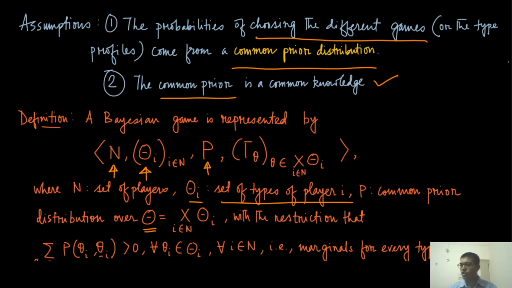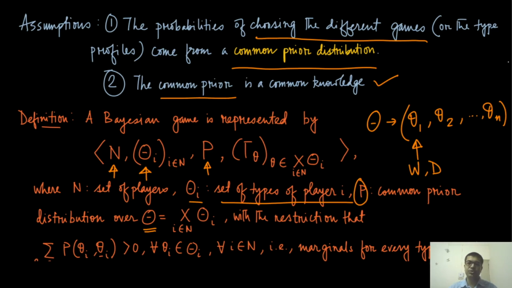An element of this capital theta will be something like theta 1 for player 1, theta 2 for player 2, and so on. In the previous example, you can think that this theta 1 can take two values, either W or D. Similarly, there can be multiple other types, and these type sets need not be the same for every individual. So this is the type profile for these players, and this function P is giving a probability distribution over all such type profiles.